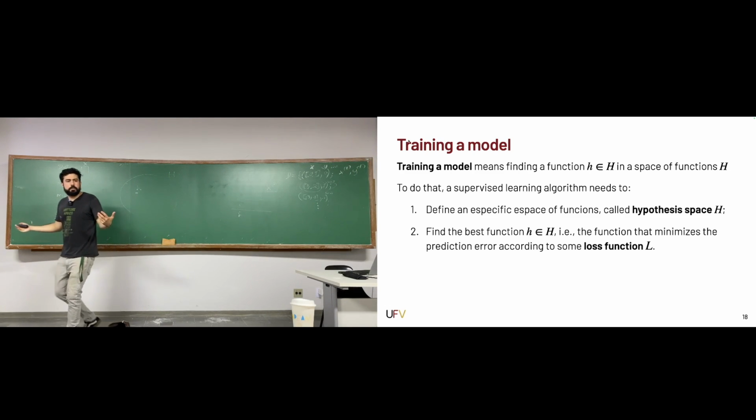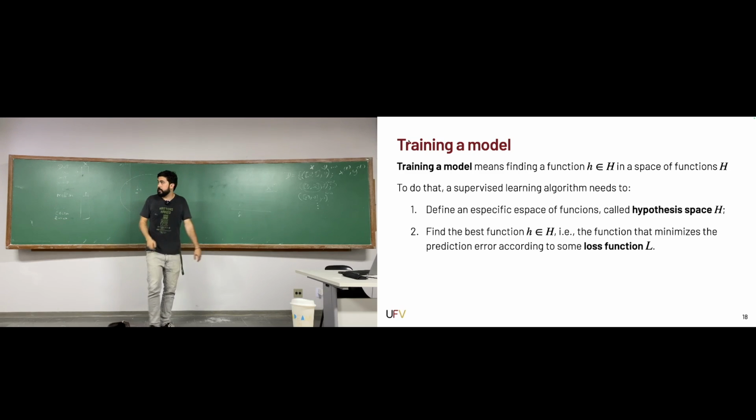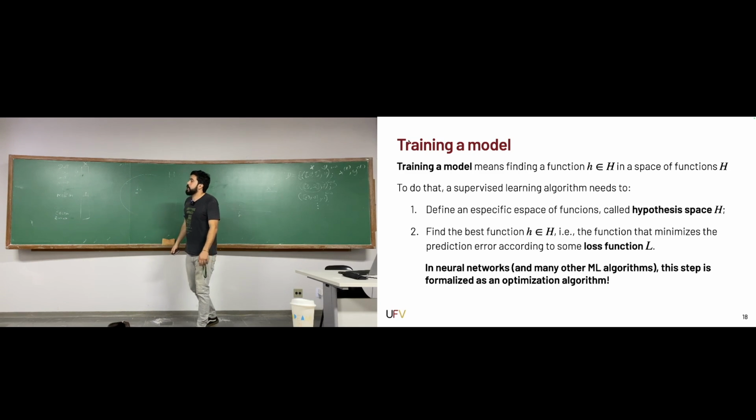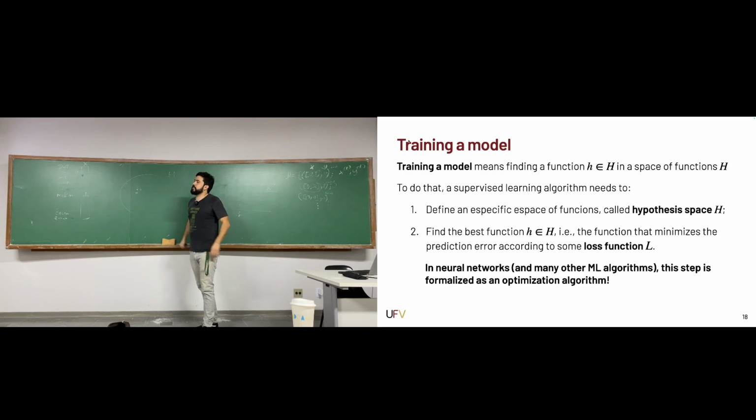on a data set, for example. We're going to see examples of this. But again, these definitions are really important. And particularly in neural networks and many other machine learning algorithms, step 2 here is formalized as an optimization problem.